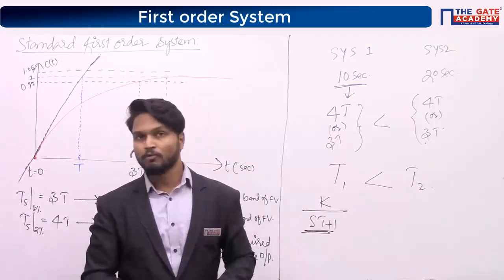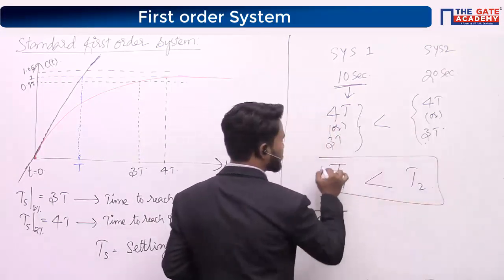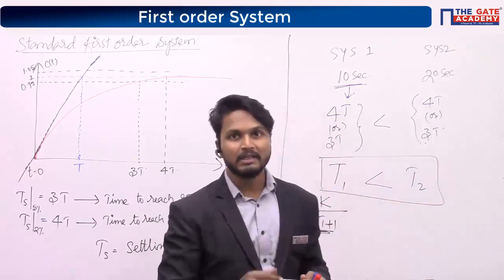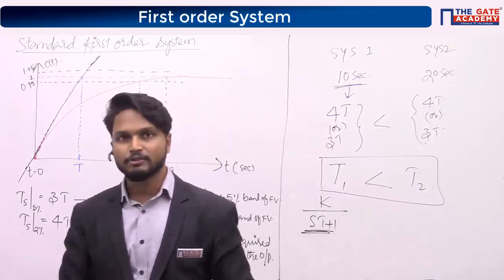Therefore, whichever system has less time constant, that system is said to be what? Faster. So time constant is giving you a measure of speed of the system, right? Yes or no?